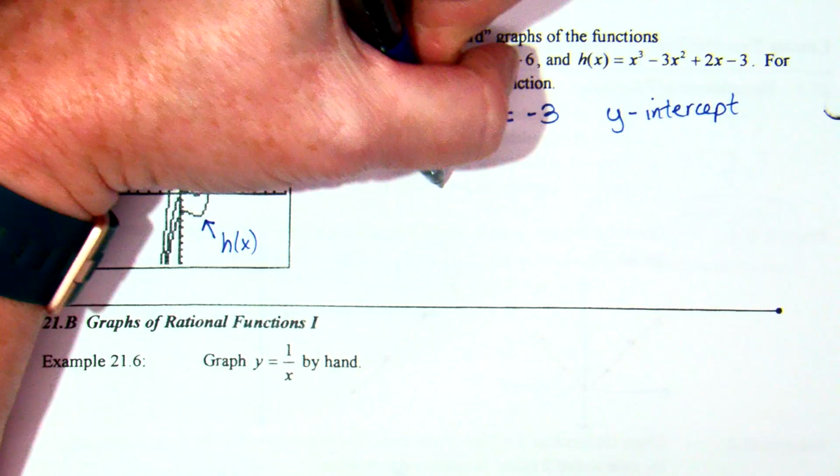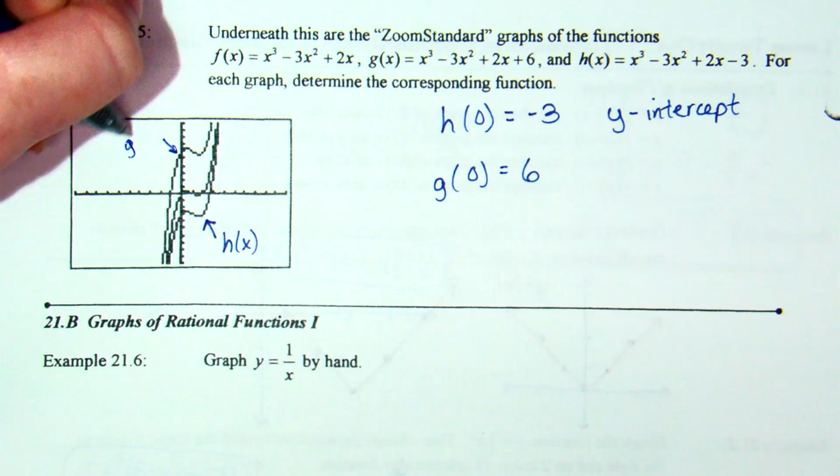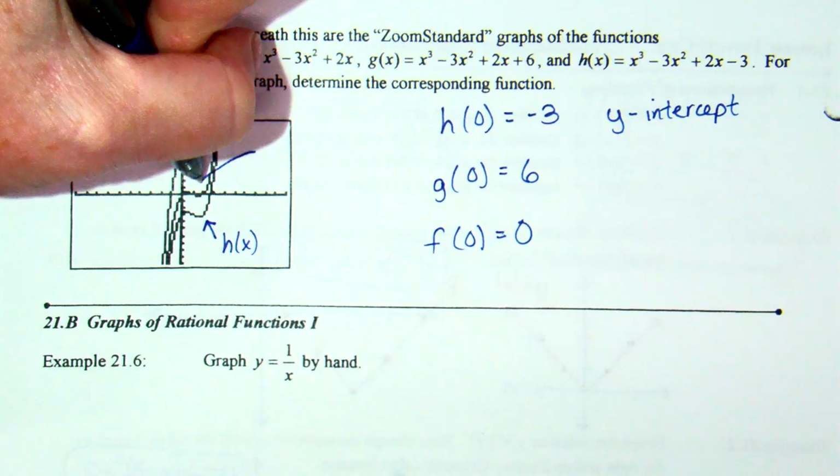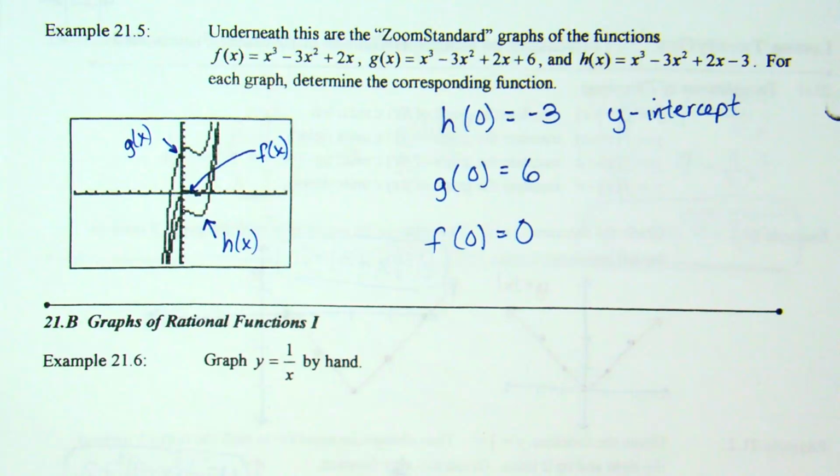The middle, because it has no constant, so that means it has a y-intercept of 0. So that is the one that's hidden in the middle here. Just basic graph knowledge is what that's supposed to be. Basic reminder there. But those were all y-intercepts.